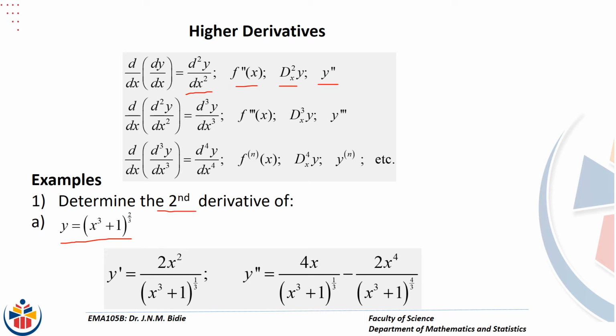Remember, you will have 2 over 3 multiplied by x cubed plus 1 all to the power 2 over 3 minus 1. 2 over 3 minus 1 gives us negative 1 over 3 in that power, multiplied by the derivative of x cubed plus 1, which gives us 3x squared. Now, in the denominator, I need you to check whether the simplification gives us the same answer.